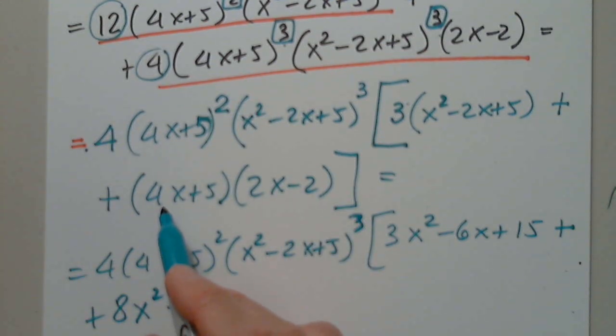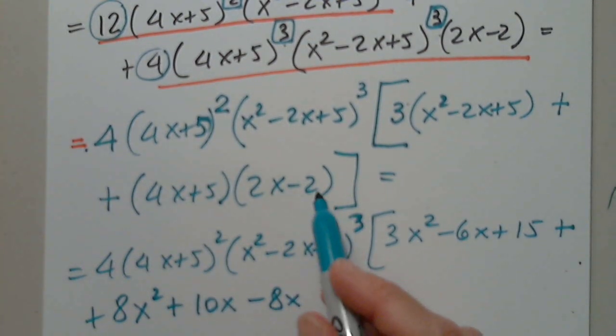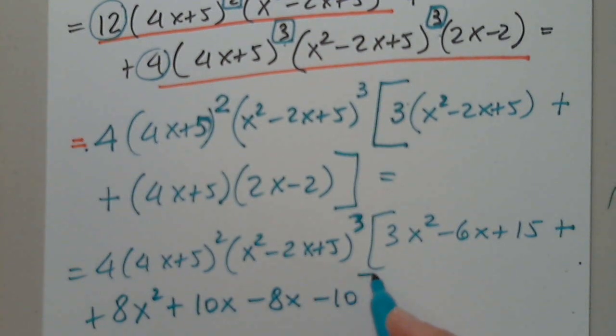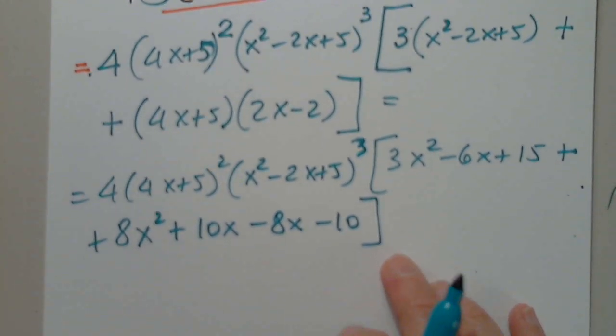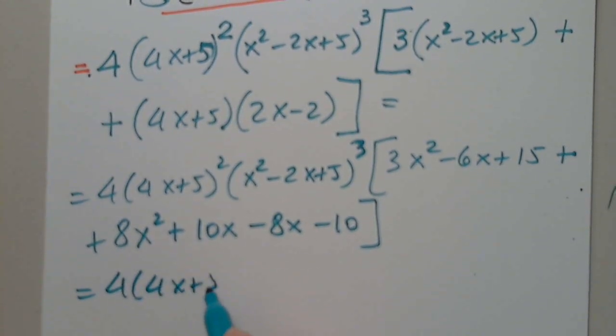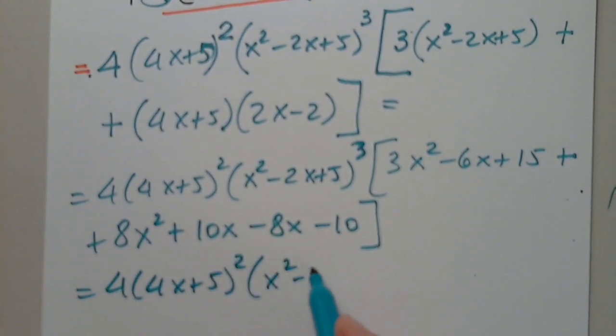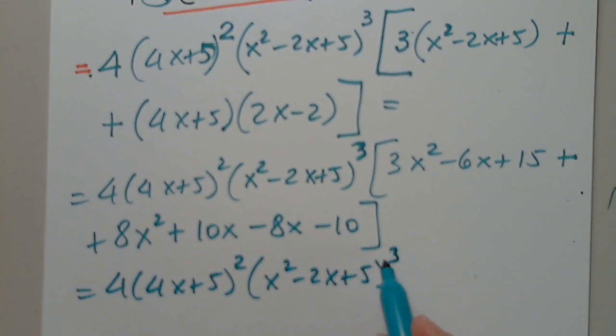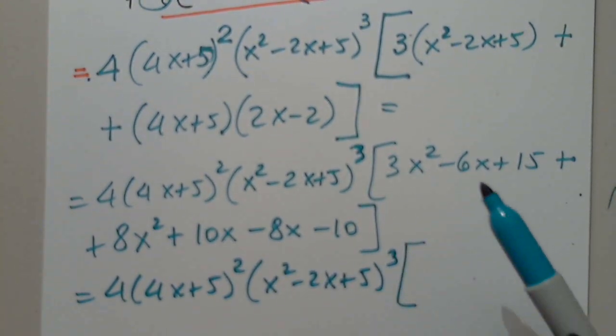Negative 2 times 4x, negative 8x. Negative 2 times 5, negative 10. Finally, again I have to copy these: 4x plus 5 squared, x squared minus 2x plus 5 to the third. And now let's see.